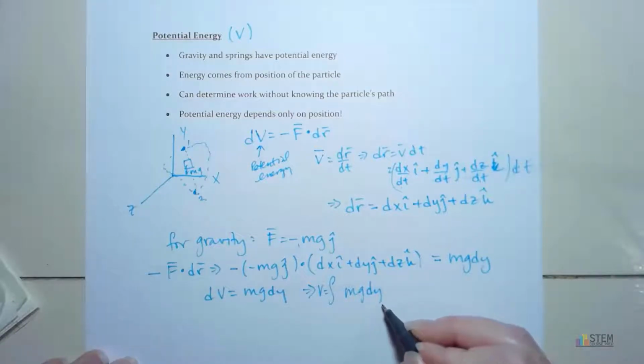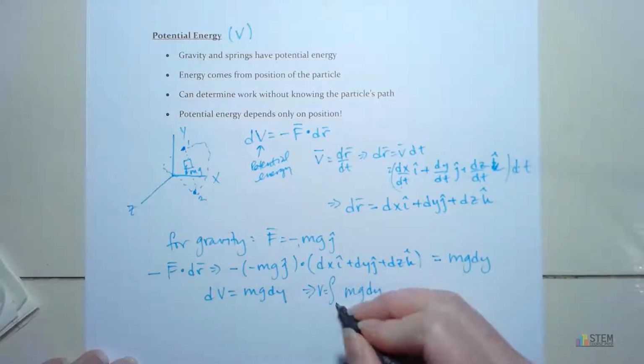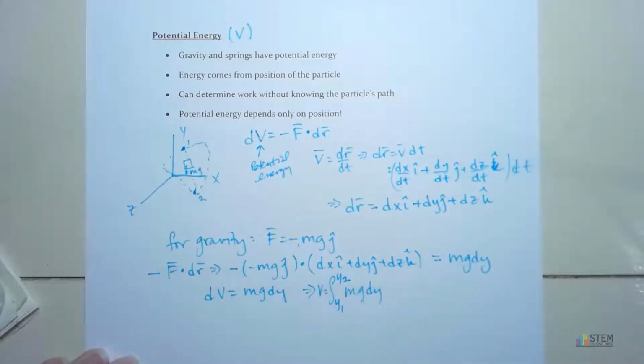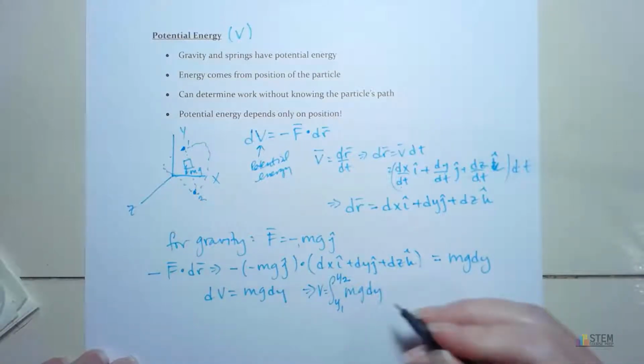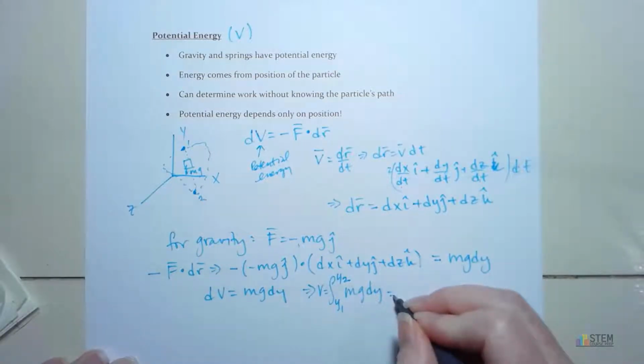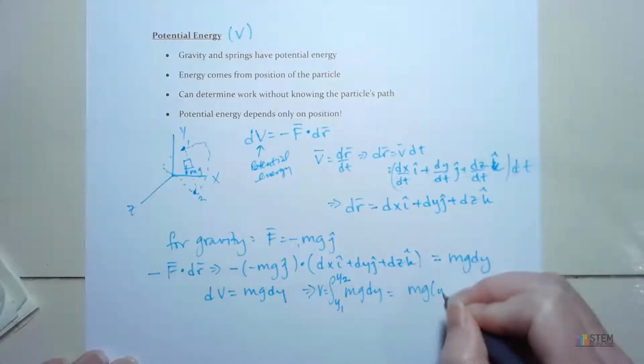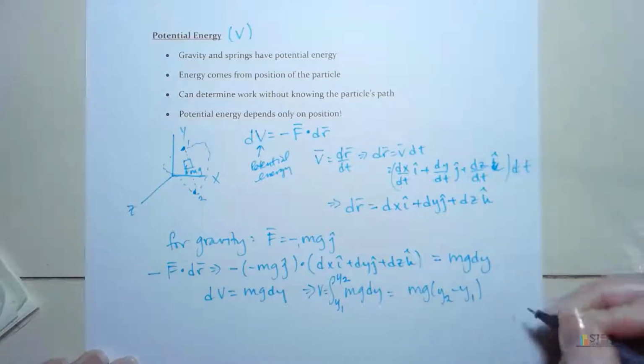Our limits of integration need to deal with the y value. So let's go from y1 to y2. And remember, these are altitudes. So our initial one and our final one, sorry. And now, once we integrate this, we're going to have mg times y2 minus y1.